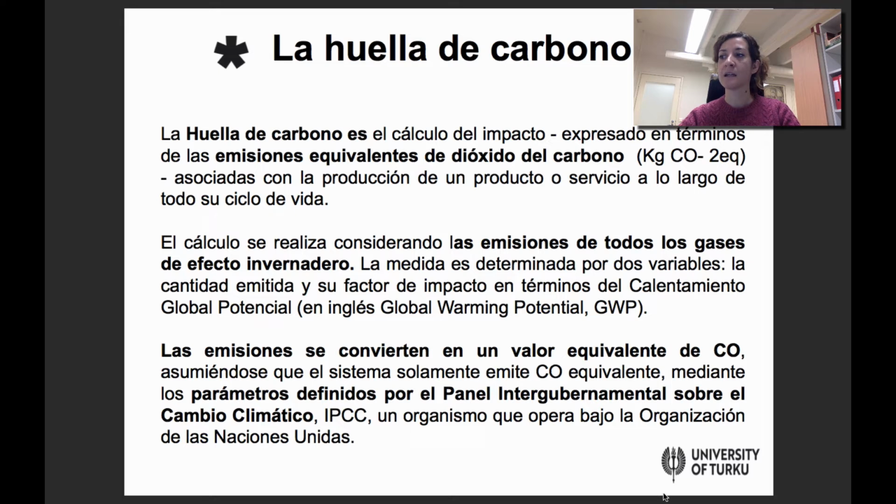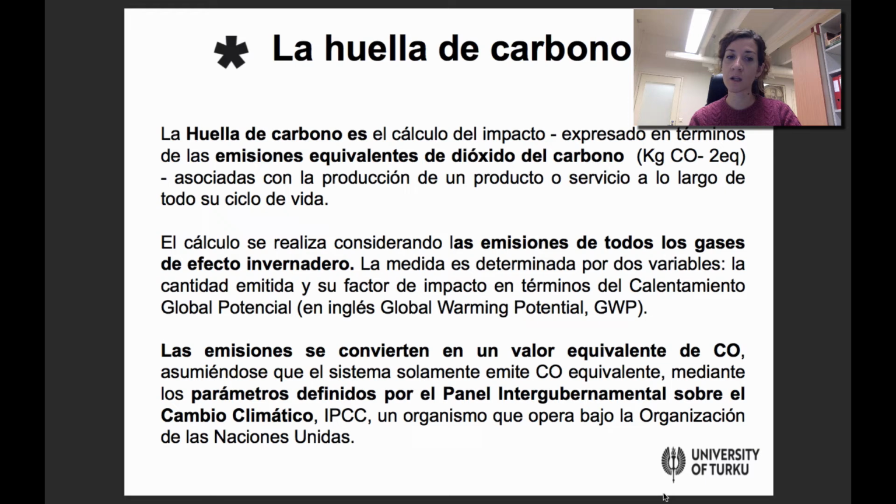But basically the idea is to calculate the impact in carbon dioxide equivalent emissions. These are the emissions that are associated with the production of a commodity, like in the case of food, or it could also be a service, during all the life cycle. If you remember the previous slide, we had that circle with all the different production phases. So the carbon footprint calculates the carbon dioxide equivalent emissions over all the cycle.